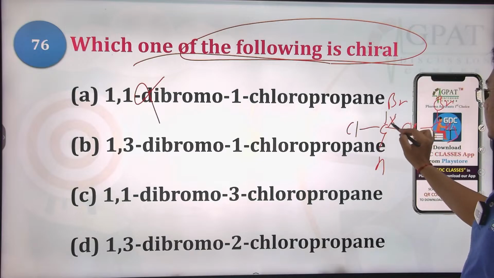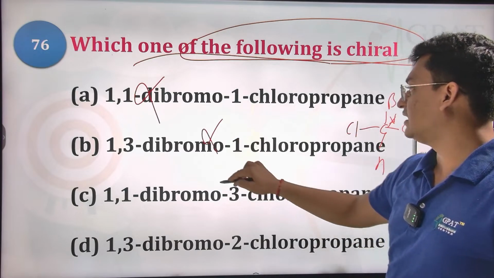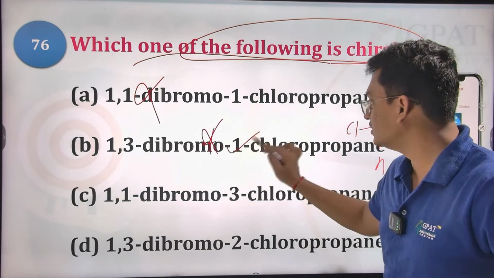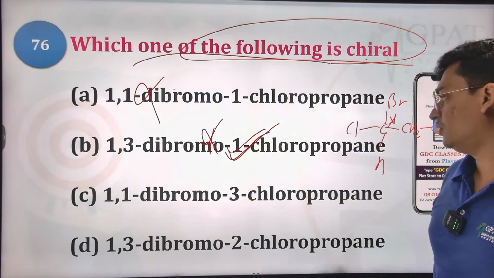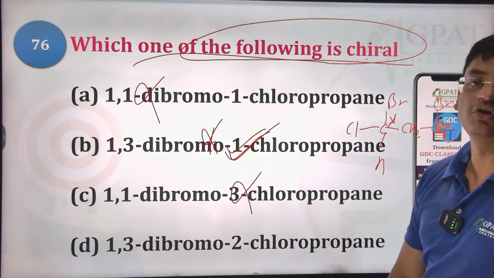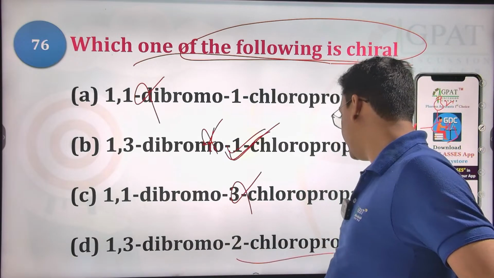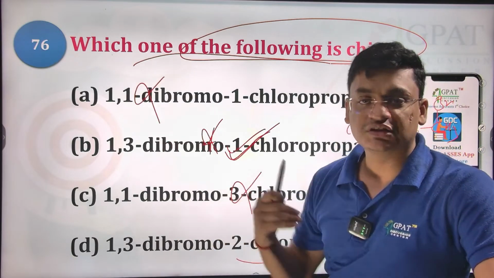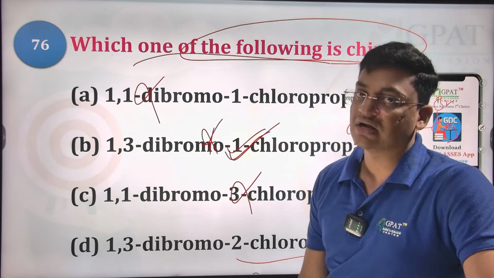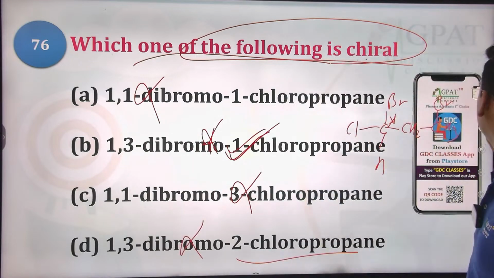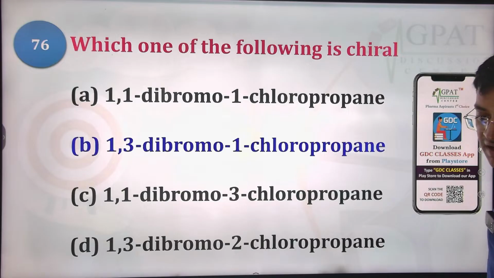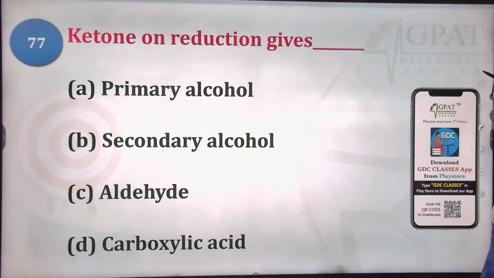So we are having 1 chiral carbon, the first carbon. So this can be chiral. 1,1-dibromo again has 2 bromines on the same carbon, not at all possible. 1,3-dibromo, 2-chloropropane is again a non-chiral system. So yes, B will be the right answer.